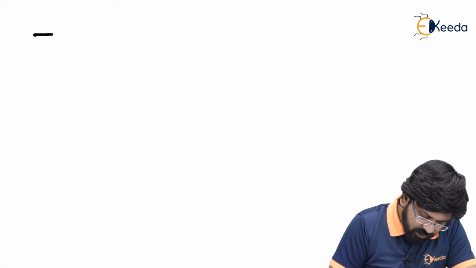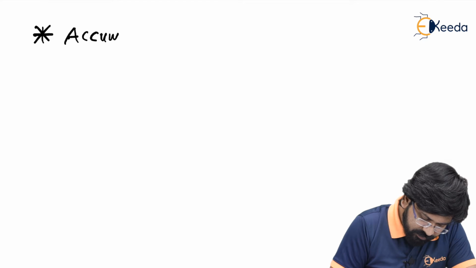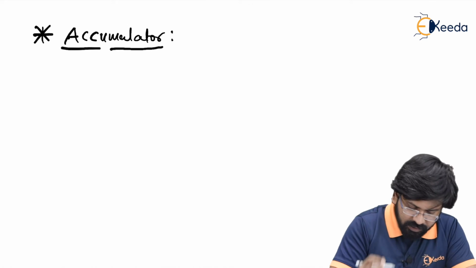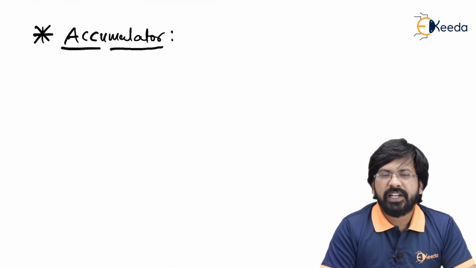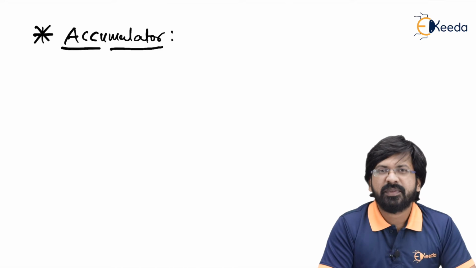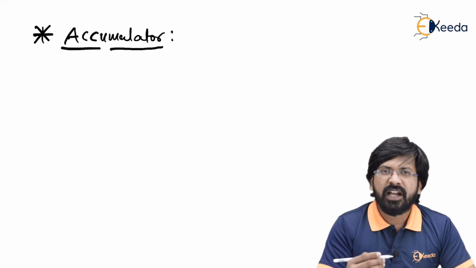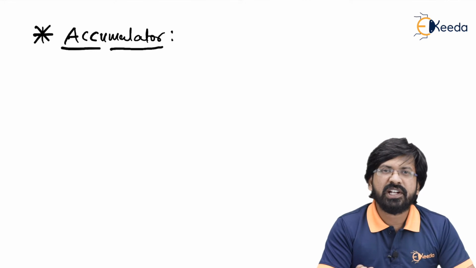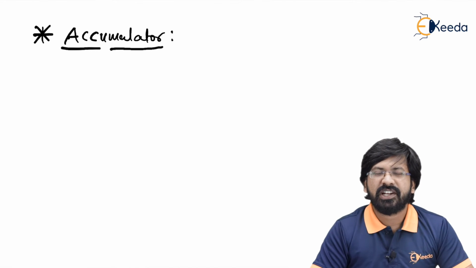Now we'll have a discussion on the accumulator. The accumulator is an 8-bit register which holds one of the data before performing any arithmetic or logical operation, and once that operation is over, the result is automatically collected by the accumulator itself.